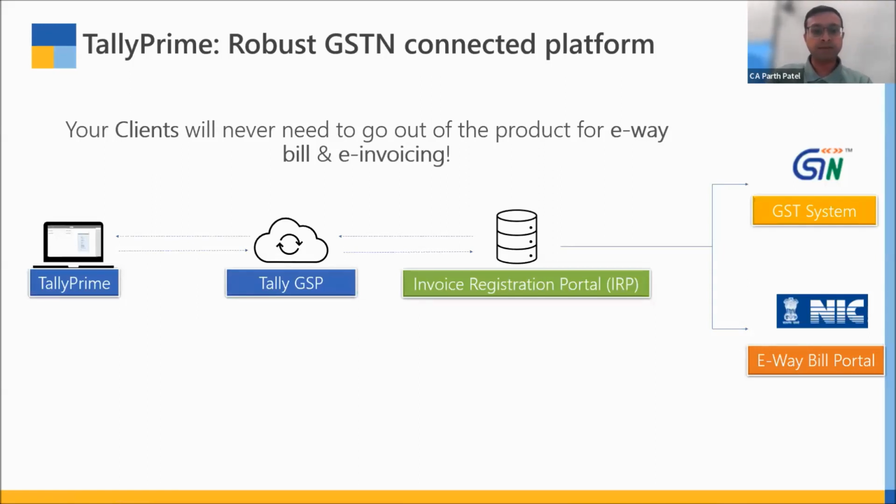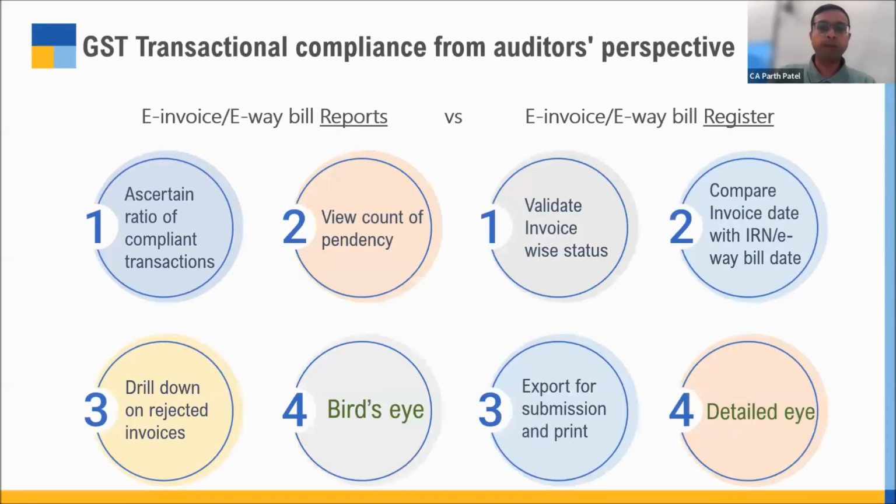And what is the benefit if the e-invoice and e-way bill is generated from the TallyPrime? There are dual benefits from auditor's perspective. If we see the transactional compliances, you can have a dual checkpoint in terms of e-way bill reports, e-invoice reports, or e-invoice e-way bill register. Now, what is the difference between the reports and the register? Here, e-way bill reports as an auditor give you the bird's eye view.